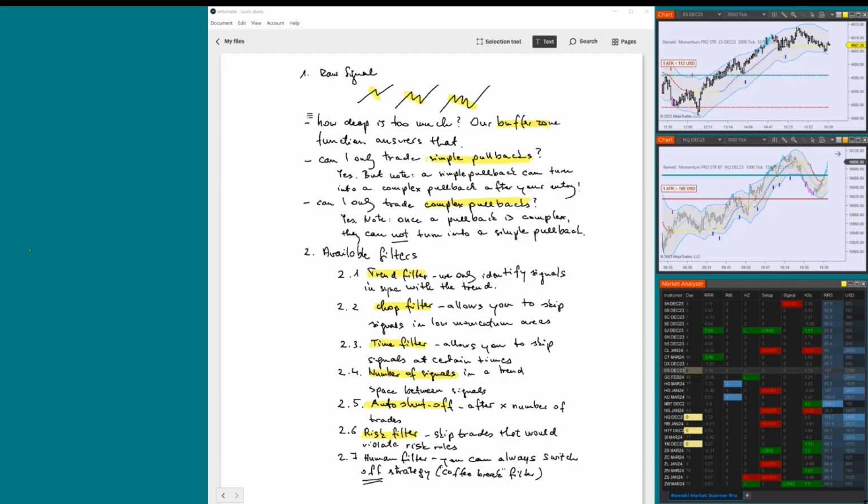And the first question was, can we design an algorithm that would identify these consolidation areas, ideally differentiate between simple and complex pullbacks? At that time, we didn't know if it's possible. Now we do know that we have done it. But at that time, what we wanted to do is to think about ways to how we could program and automatically differentiate between simple pullbacks and complex pullbacks.